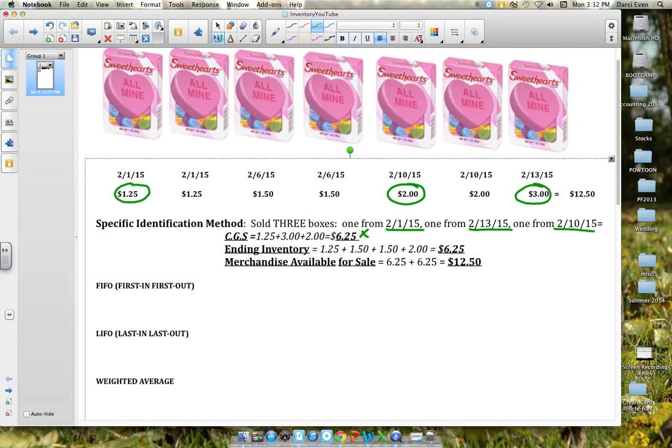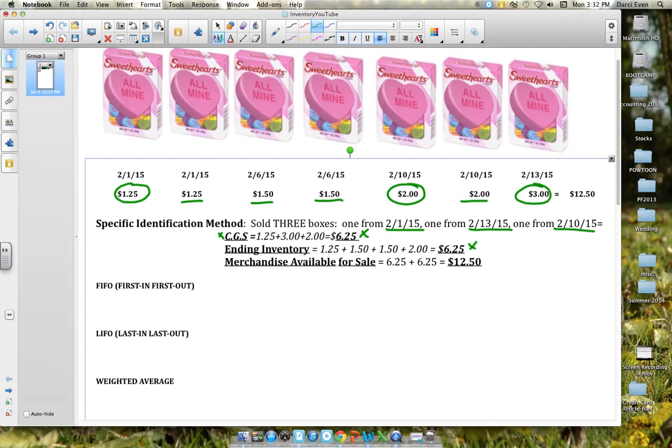And they add up to $6.25. Cost of goods sold is right here, the CGS. The ending inventory, what we have left over, are these that I'm going to underline. And so if we added those all together, our ending inventory would be here, and it also adds up to $6.25.